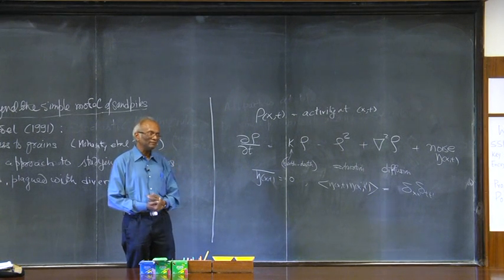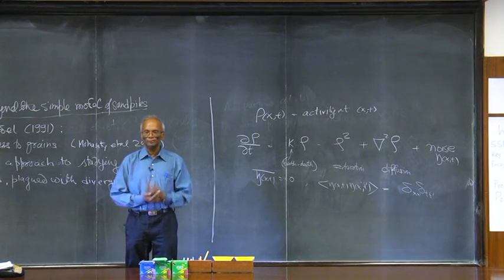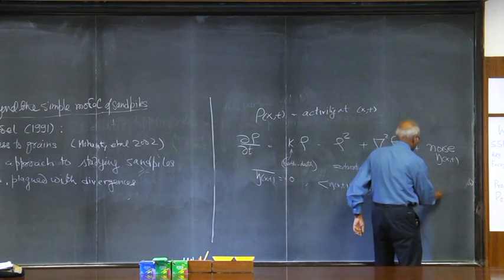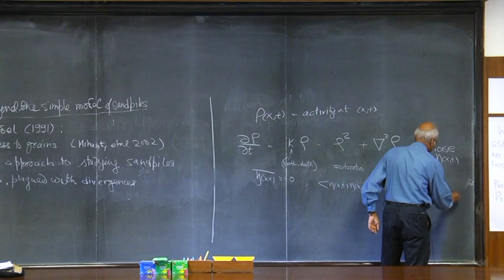Like when the activity is 0, then the noise also has to be 0. So the usual way this is said is that it is proportional to rho of x, t.